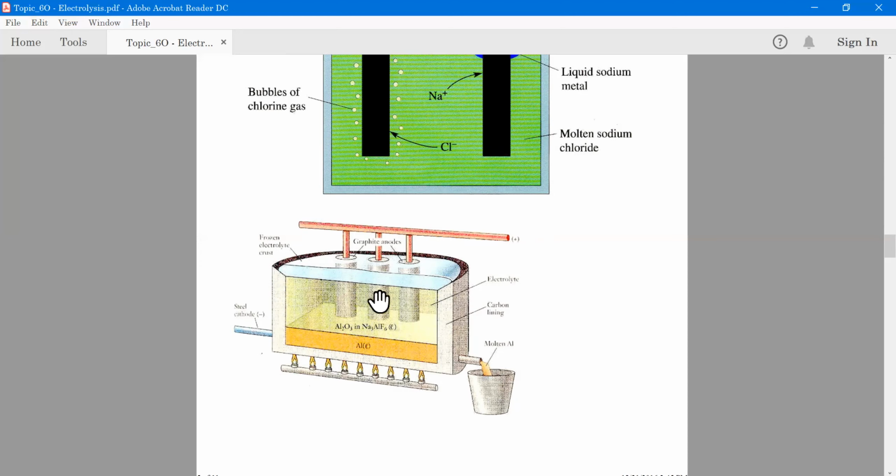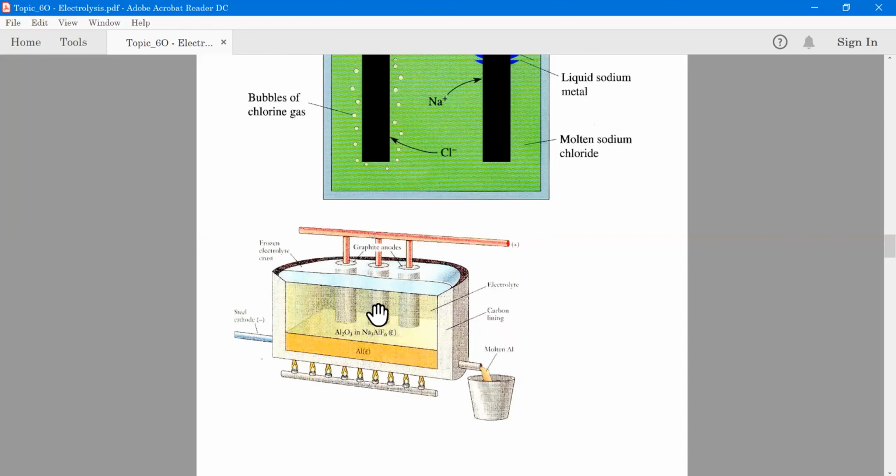And in here is this light yellow material. That's the molten sodium aluminum fluoride, the molten cryolite, in which aluminum oxide is dissolved. So it's not quite a clear liquid, but it's not something that looks like a solid at all.